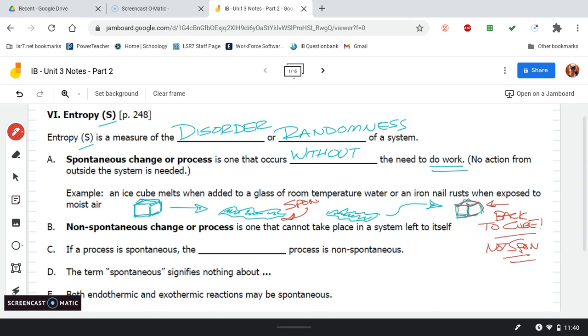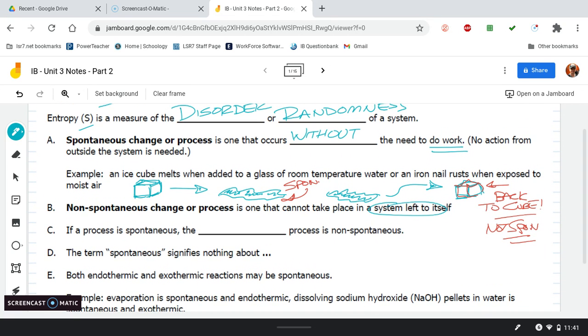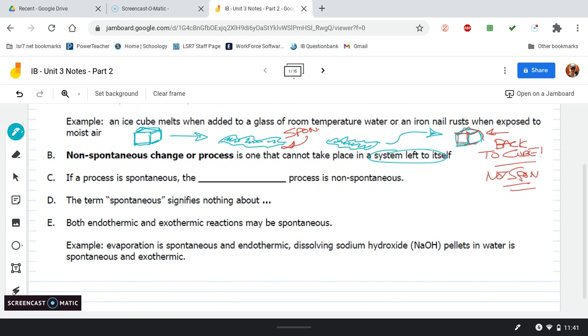So not spontaneous, the next definition, is one that cannot take place in a system left to itself, meaning if you just leave it alone, it just doesn't happen. So not spontaneous is something that does not happen on its own. If a process is spontaneous, then the reverse process is not spontaneous, or vice versa.